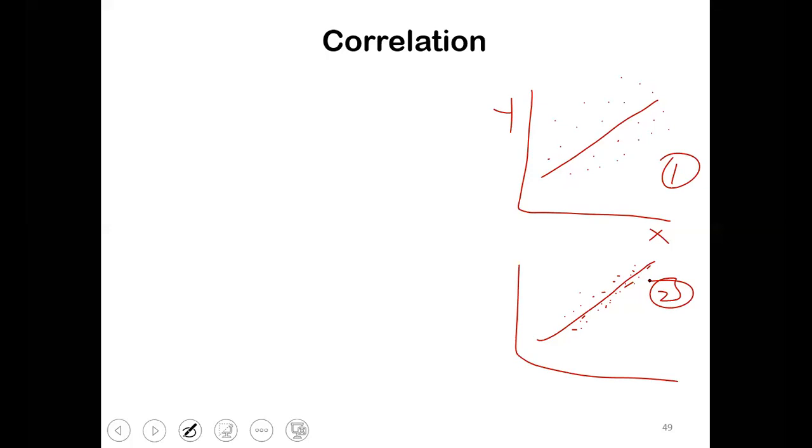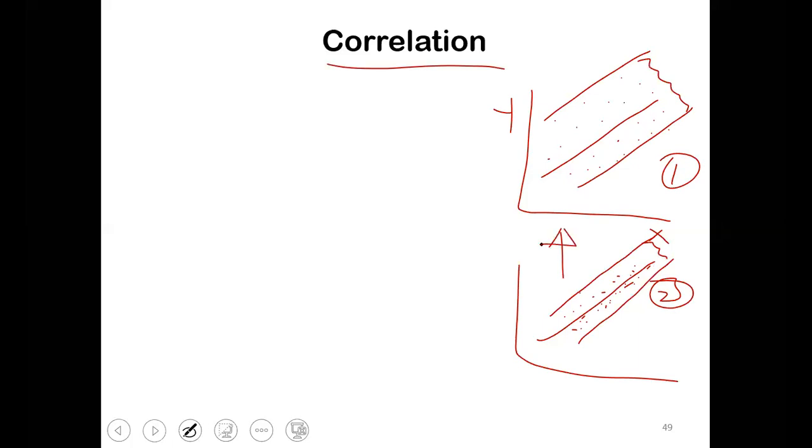In 1. More deviation. So here, the deviation is within a very wide bandwidth. Here the deviation is within a shorter bandwidth. So here we have less correlation, and here we have high correlation. That is what I'm going to explain to you.